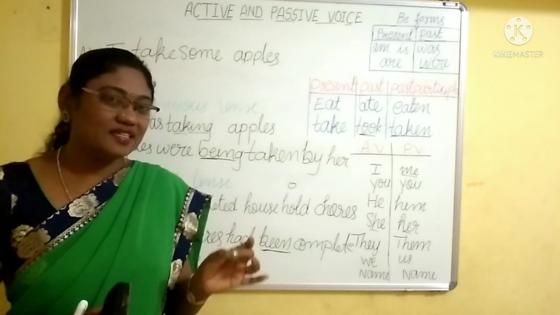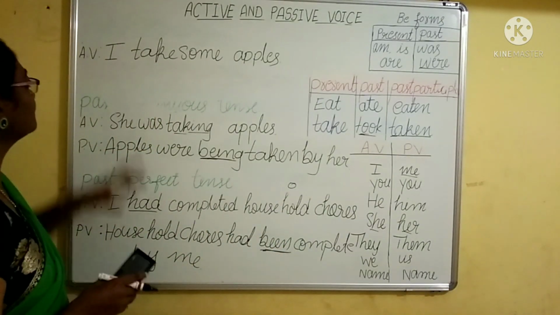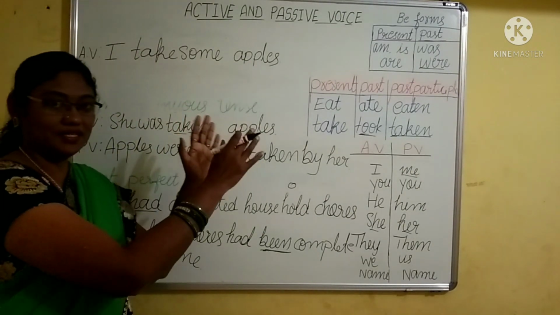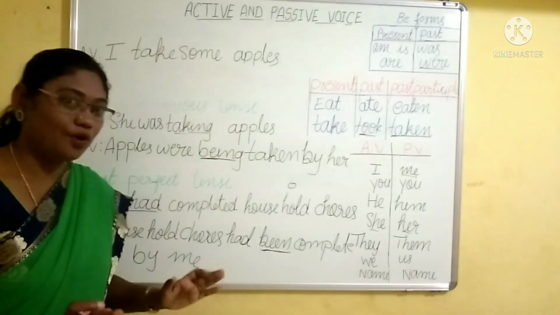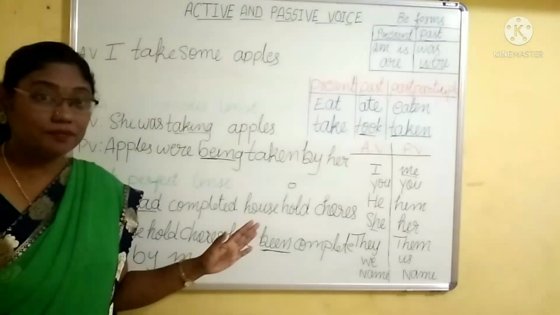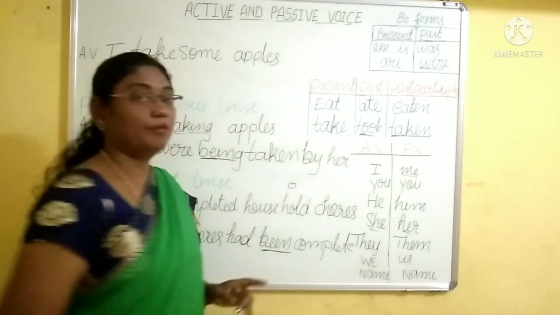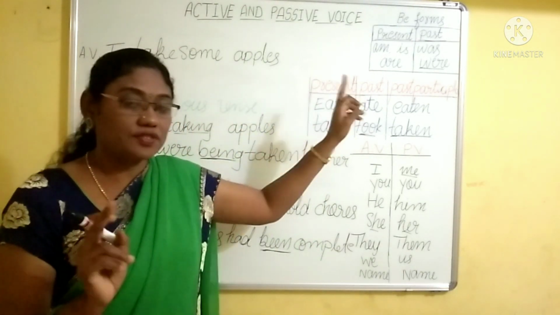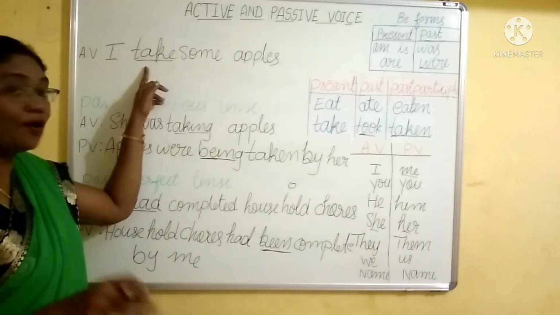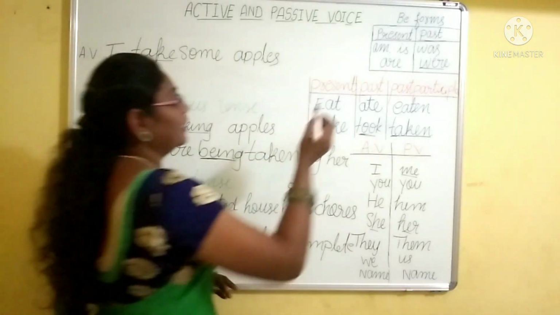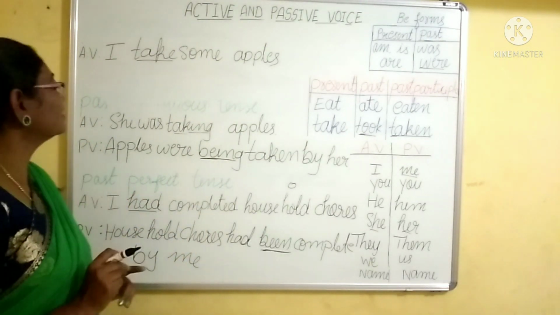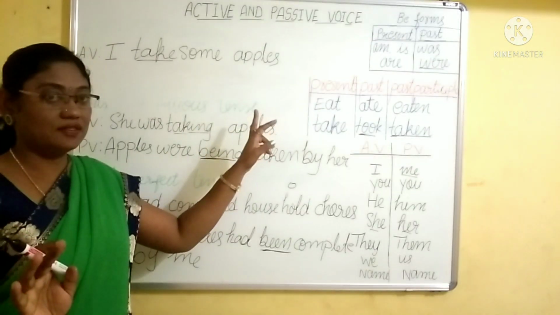Just look at the sentence and make sure whether there is a helping verb or not. If there is no helping verb, you go through the be forms. If the verb is in present tense, we have to select a be form here: am, is or are. You have to select one of them.